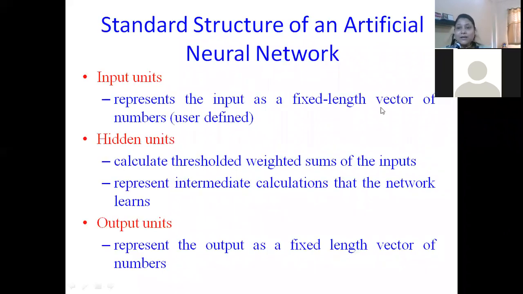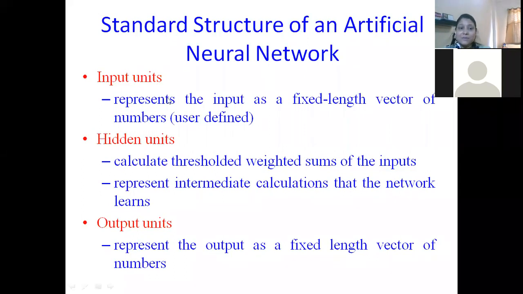So in this manner, we can now conclude that we have learned the standard structure of an artificial neural network.